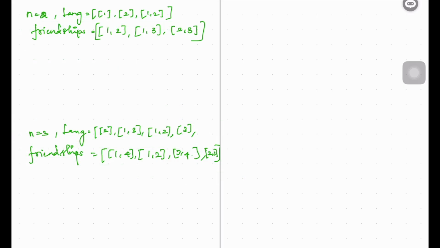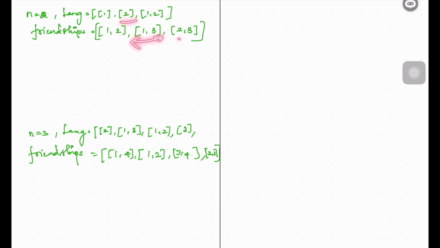Here, 1 has a friendship with 2, but they don't have a common language. And 1 also has a friendship with 3, and they have a common language 1, so we don't need to make them learn anything.